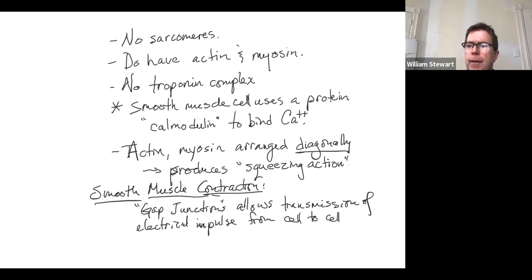So it is the presence of these gap junctions between cells that doesn't require each individual smooth muscle cell to have its own individual nerve ending in order to contract.